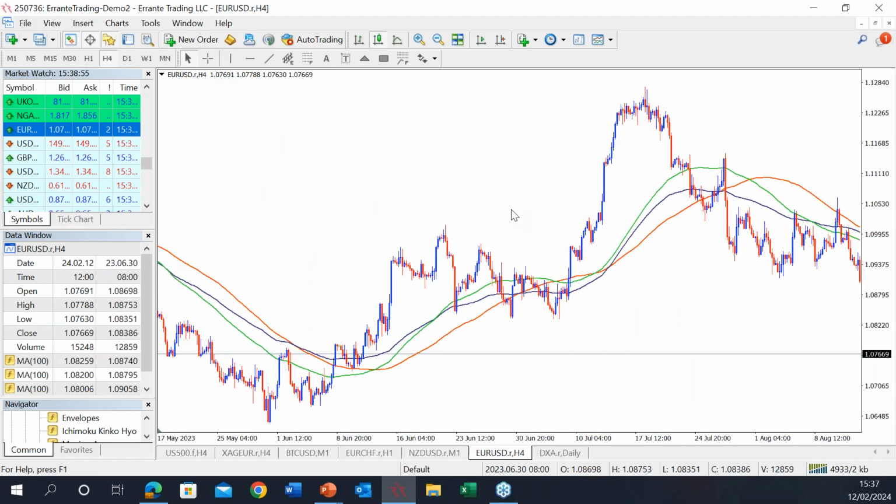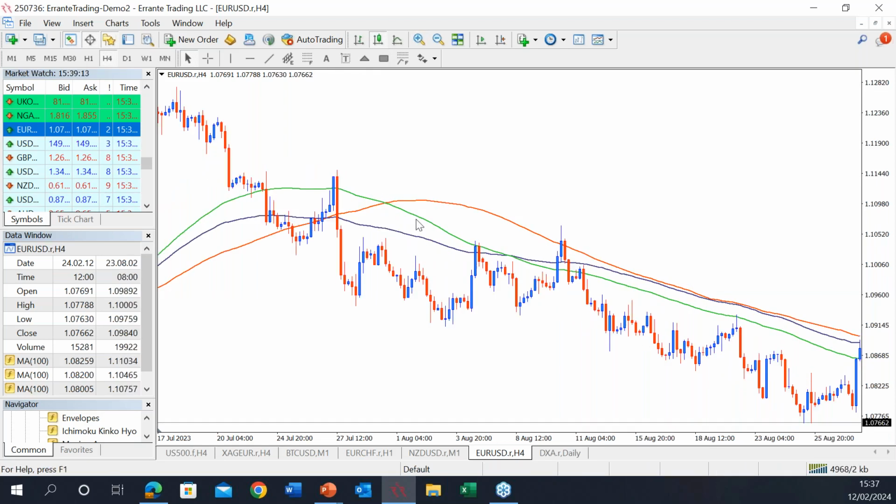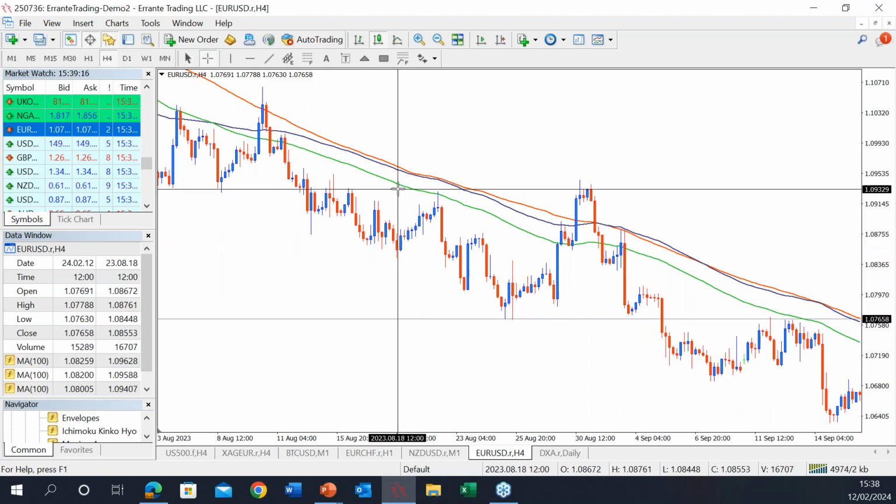So in that case, we need a moving average with a reasonable period that can reflect the price movement as fast as possible and as accurately as possible. We need to see a good reaction to each market movement.